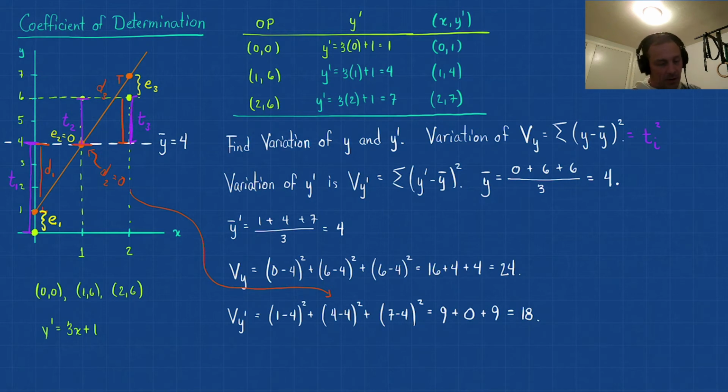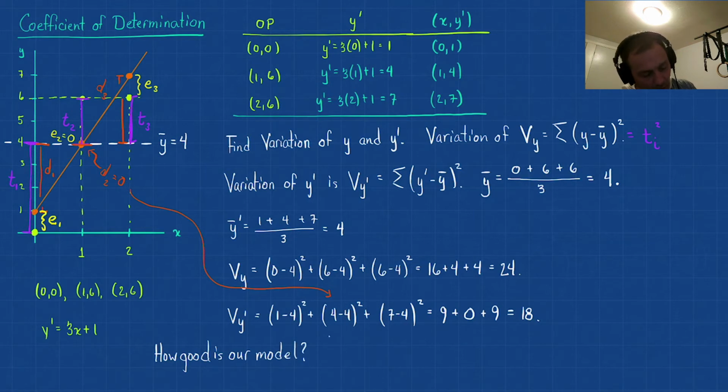So here's what we say. How good is our model? Well, we look at the ratio of the distances. Notice that we have the variation of the y primes, and let's just think of what part of the whole, the variation of the y's, this is.